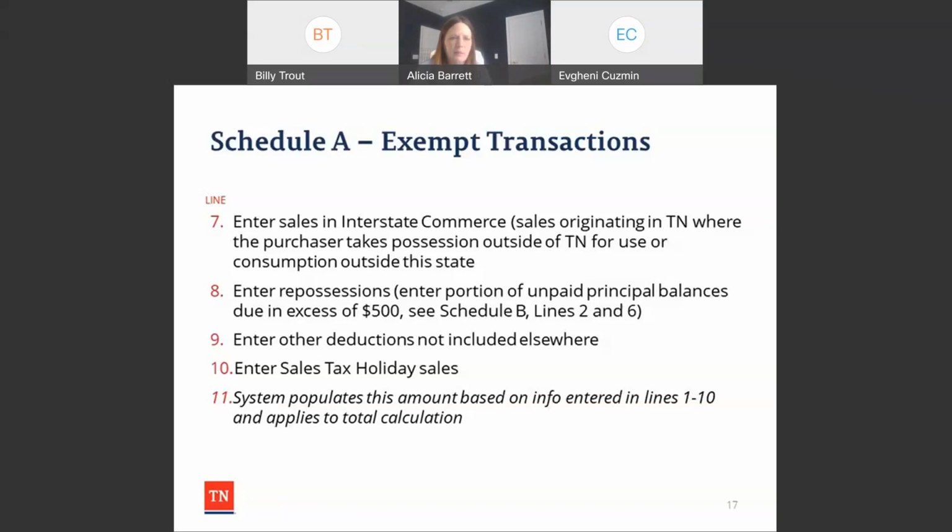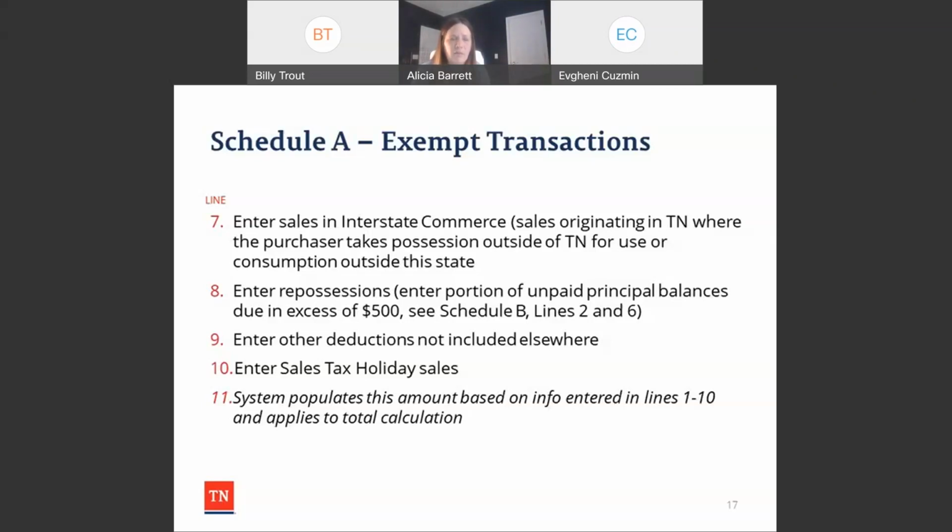Line 9 is going to be other deductions not included elsewhere. So this is going to be, for example, your trade-ins. There will be sales made using WIC vouchers, I believe, in there. And one of the best tools that you can use for this is going to be the actual paper instructions.